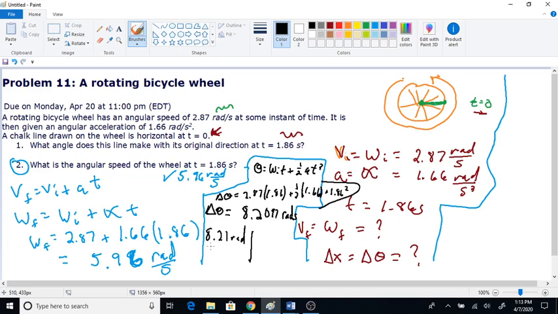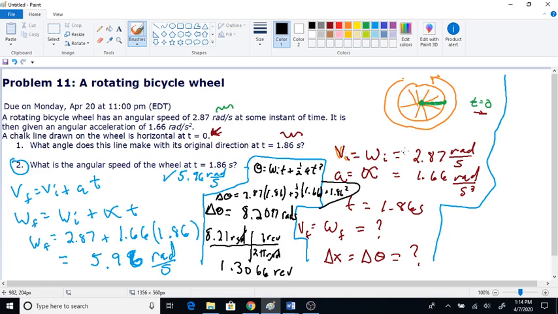In order to convert this to revolutions, there are 2 pi radians around per 1 revolution. So the radians cancel, and you're basically dividing by 2 pi. When we divide by 2 pi, make sure to put 2 pi in parentheses because your calculator will not understand you want to divide by the product of 2 pi. When I do this, I get 1.3066 revolutions.